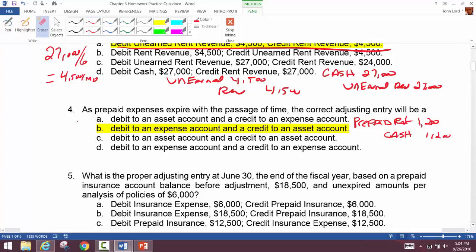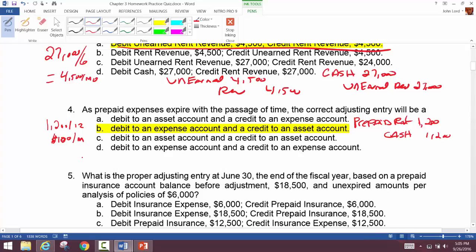And so you're going to take the $1,200 and divide it by 12. That's $100 a month, right?